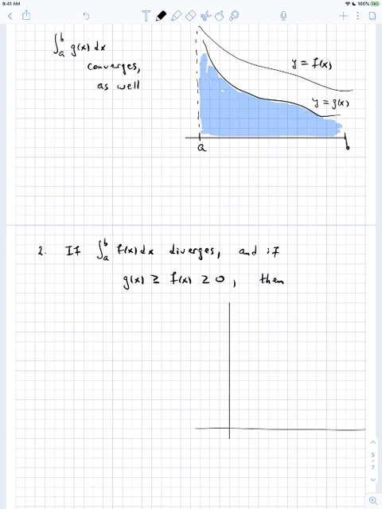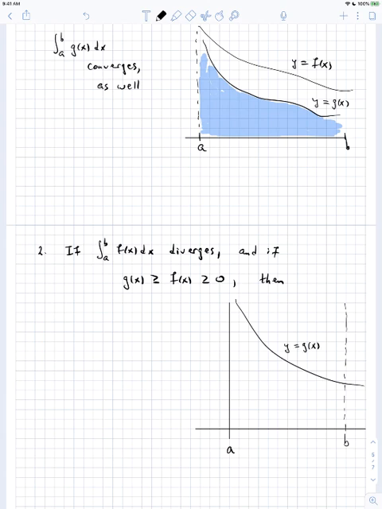The functions are still assumed to be positive, so that means we're thinking about things in terms of area. So let's suppose that this is a here, and we're going to have some b here. And again, we'll assume that there's some infinite discontinuity at a. So g is bigger. So let's say that this is y equals g of x.